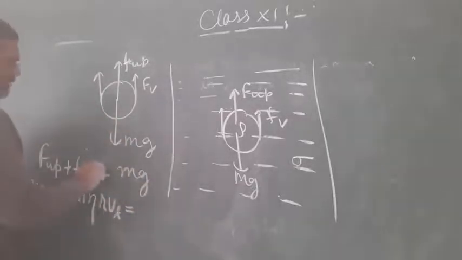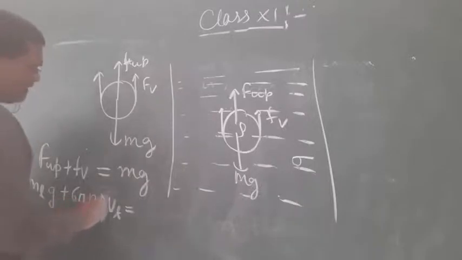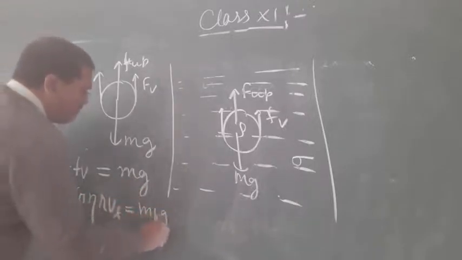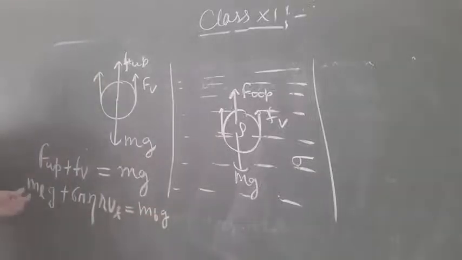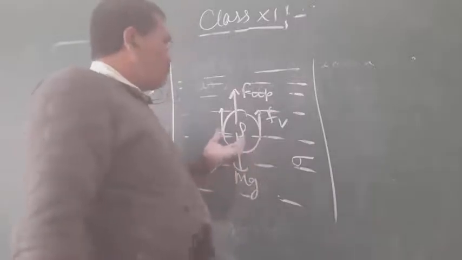The net force on the body is zero, but the body is still moving. So m_l g plus 6 pi eta r v_t equals m g, with m the body's mass. As the whole body is inside the liquid, the volume of the liquid displaced equals the volume of the body.